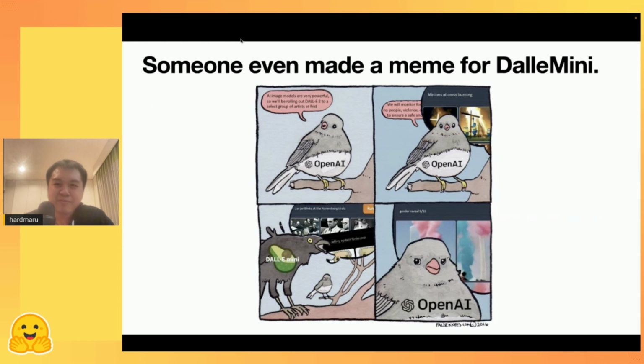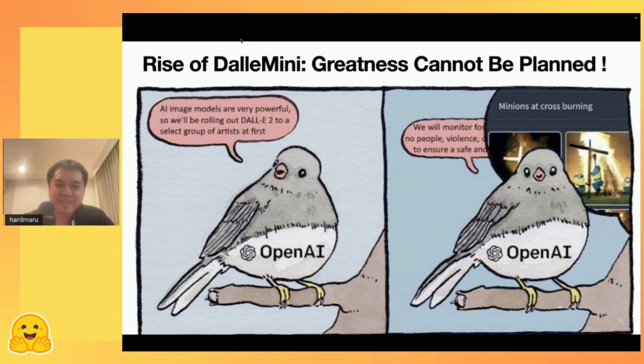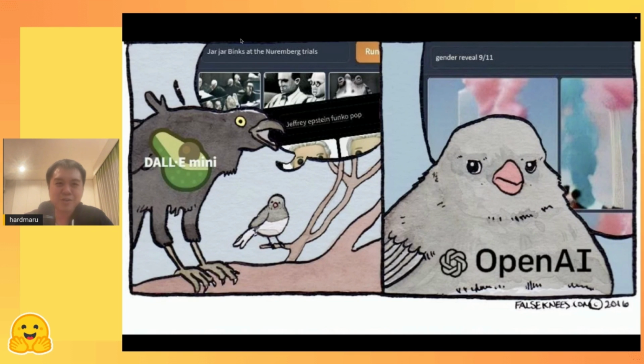So people even made a meme for this. At the beginning, DALL-E 2 was rolled out to a selected group of artists, but at the same time, people started using DALL-E Mini to make minions at cross burning, Jar Jar Binks at Nuremberg Trial, and do things like gender reveal 9/11.